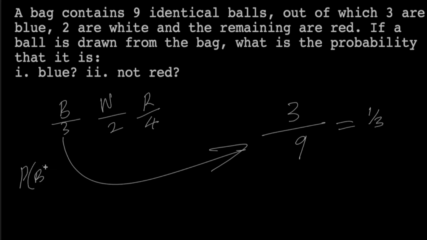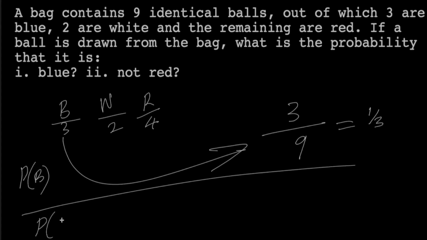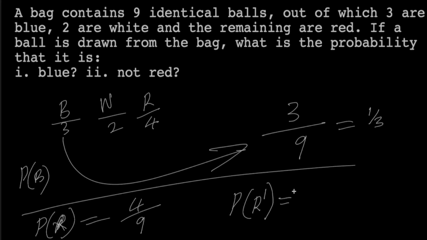What about the probability that it is going to be red? You agree with me it's going to be what? 4 over 9. But the question says not red. So the probability that it's not going to be red, either you do this or you do this, is equal to 1 minus 4 over 9.